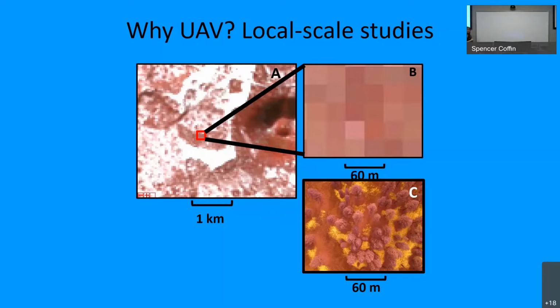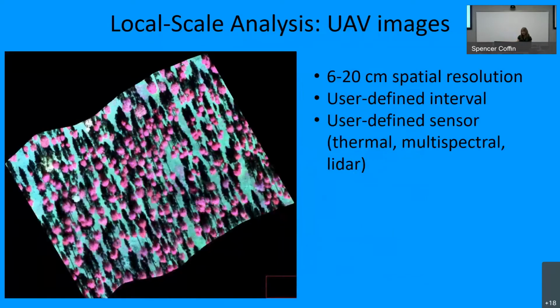So individual trees, bare ground cover, snow cover, and you name it. So in my lab, we're using these kind of high resolution UAV images for all different types of environmental applications along with satellite data. Typically in our research, we use a combination of the two. So we have really high resolution images at a local scale, which then we combine with regional scale satellite data.